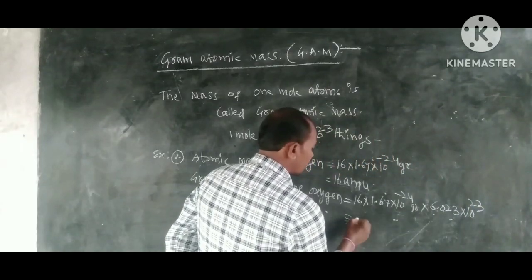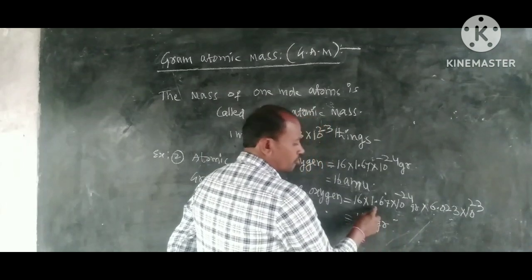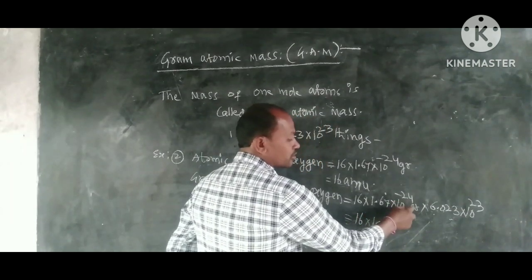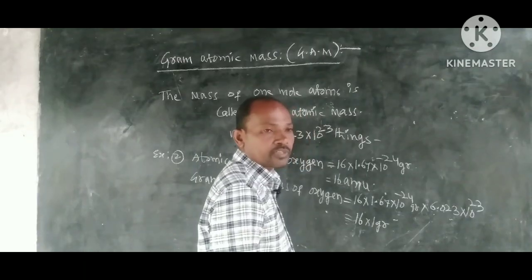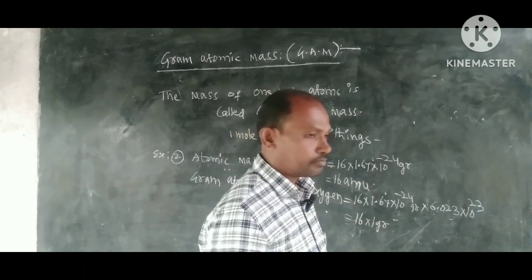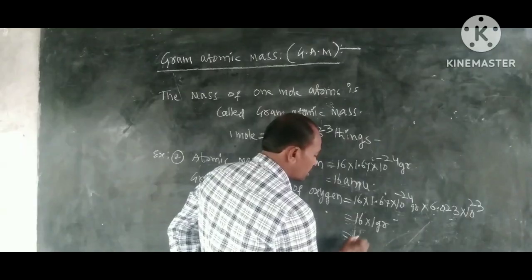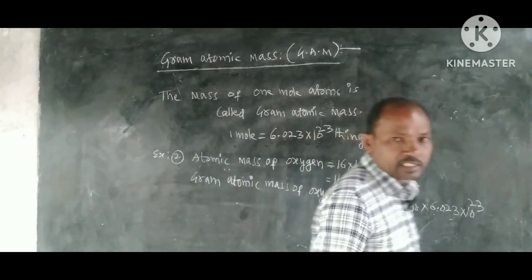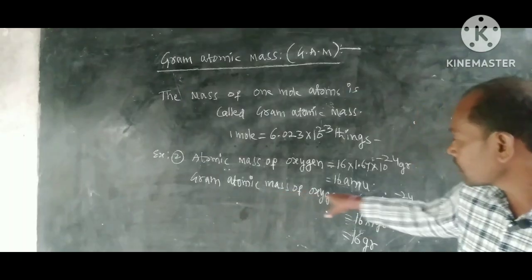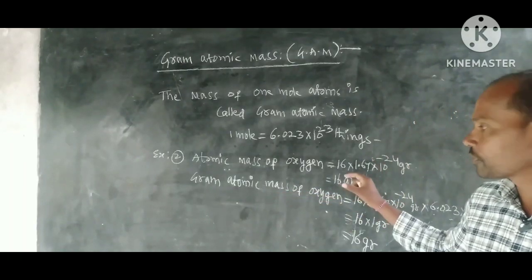So that is equal to 16 into 1 gram, because 1.67 into 10 power minus 24 into 6.023 into 10 power 23 is nearly equal to 1 gram. So that is equal to 16 grams. So this is oxygen gram atomic mass or oxygen gram atomic weight.